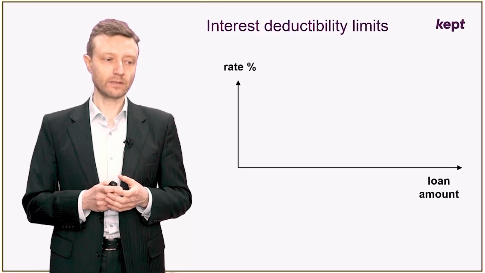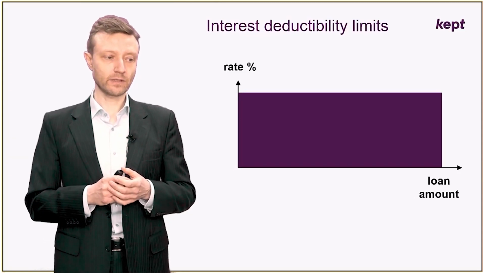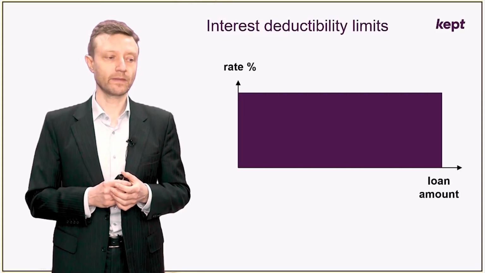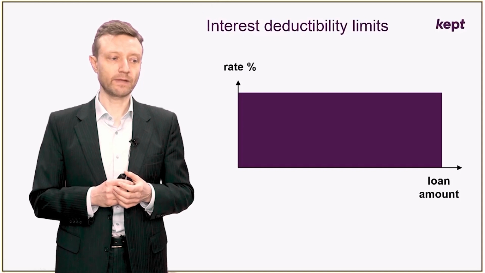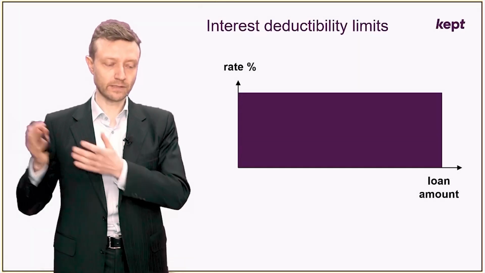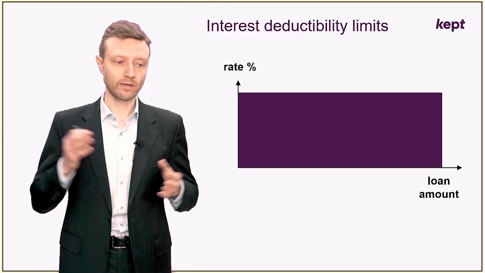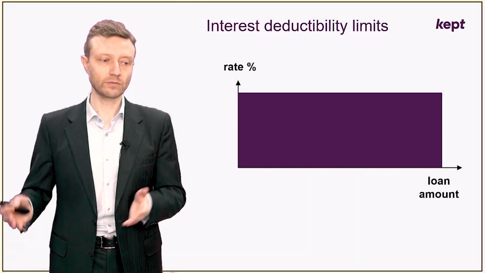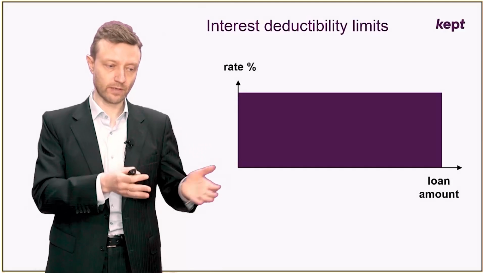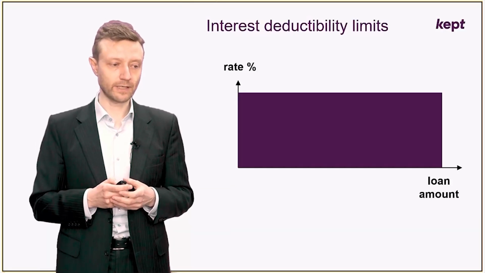Well, in this case, loan financing. So on this chart, if we have the interest rate on the vertical axis and the loan amounts on the horizontal axis, then the multiplication of interest rate by the loan amount gives the total interest, which is the violet rectangle on this slide.